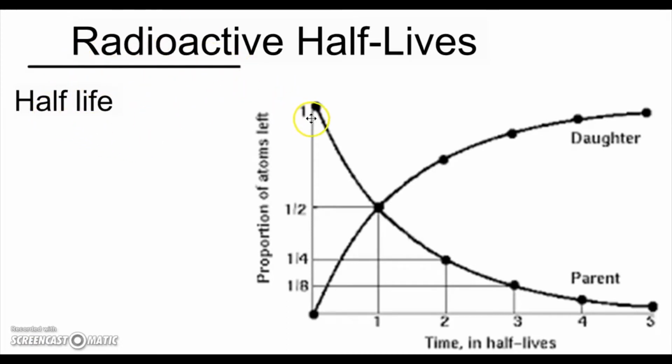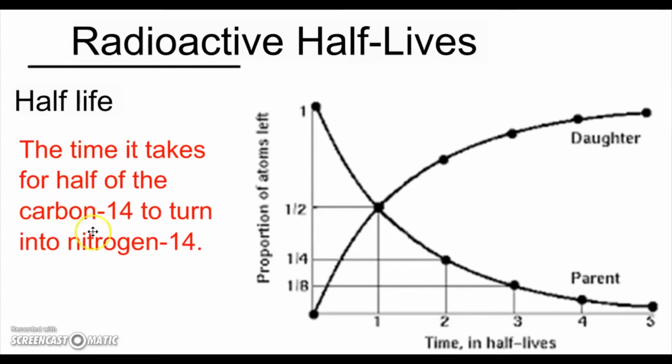Now, the half-life of carbon, in this case, it's the time it takes for half of the carbon-14 to turn into nitrogen-14. So we know how long it takes for half of that carbon to flip from being all carbon-14 until it's half nitrogen-14. And that time period is called 1 half-life. So here's what that looks like.